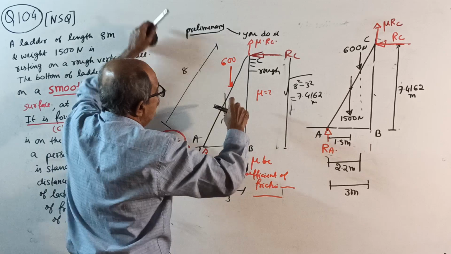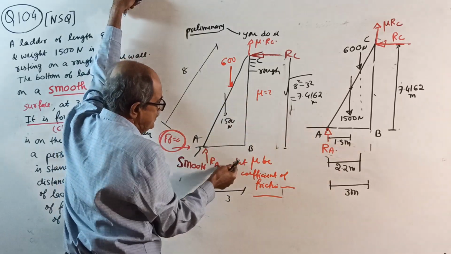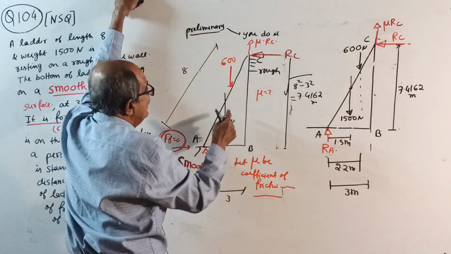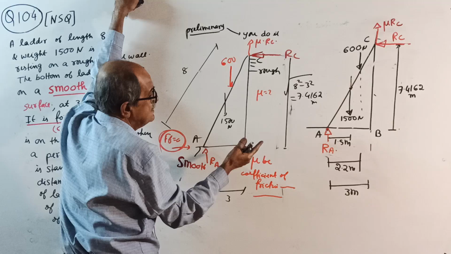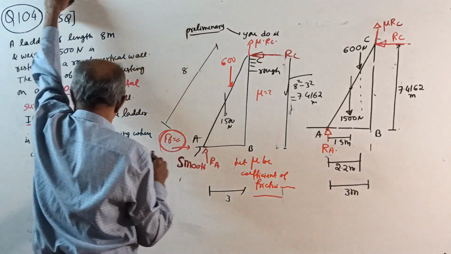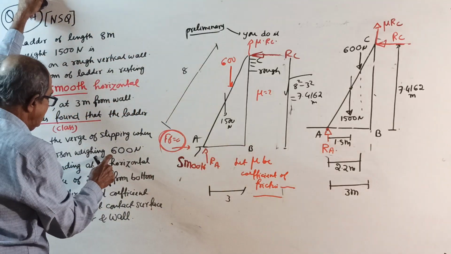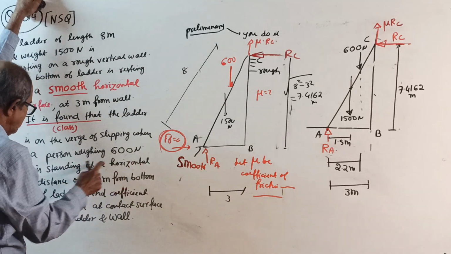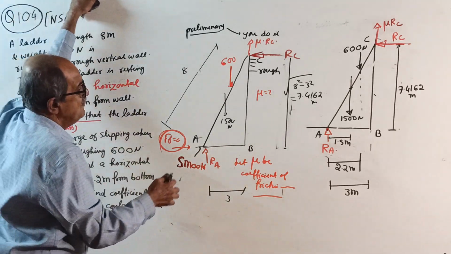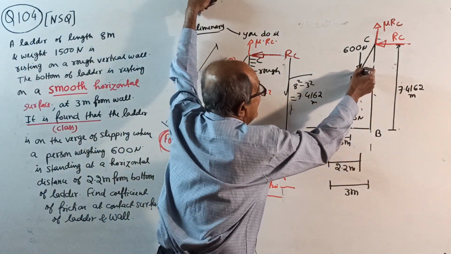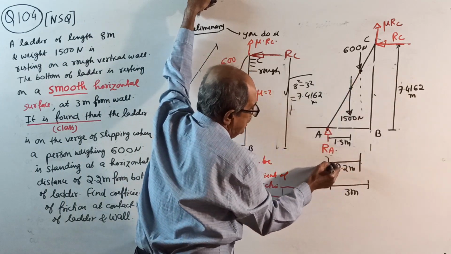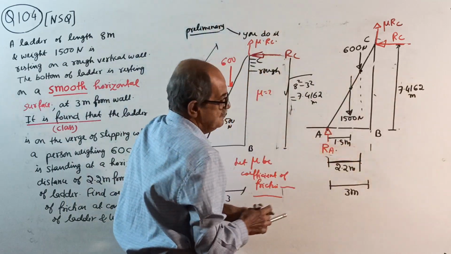If they tell what height he is standing, you require this distance for taking moment. Or if they give you how much length along the ladder he moved, you require that. This time kind person, he told the person is standing at a horizontal distance of 2.2 from the bottom, means he has gone to about the midpoint here. Somewhere here he is standing. If I project here, horizontally 2.2 meter.